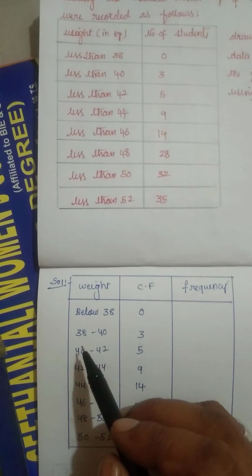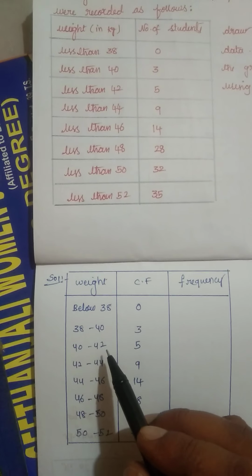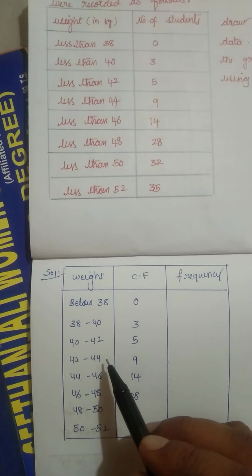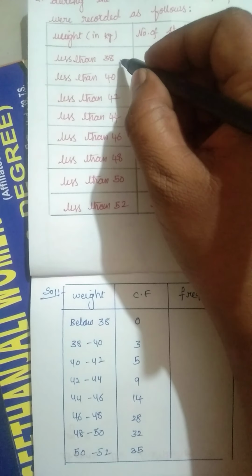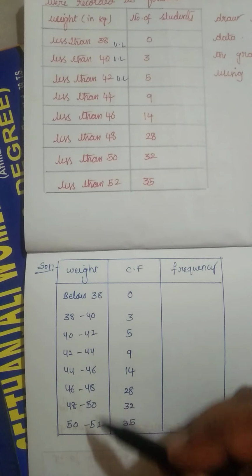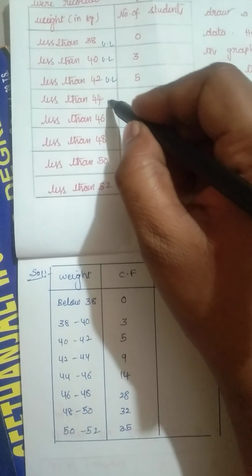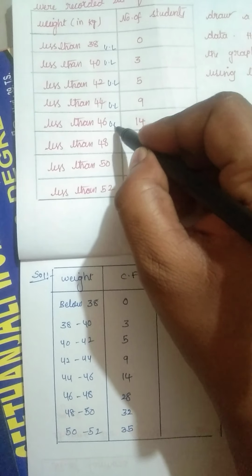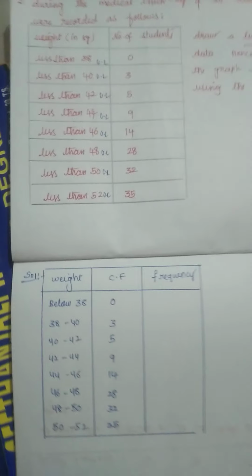I can write less than 42 as 40 to 42. So 38, 40, 42 are called upper limits. If we observe the given class intervals, all these 38, 40, 42, 44, 46, 48, 50 and 52 are upper limits.